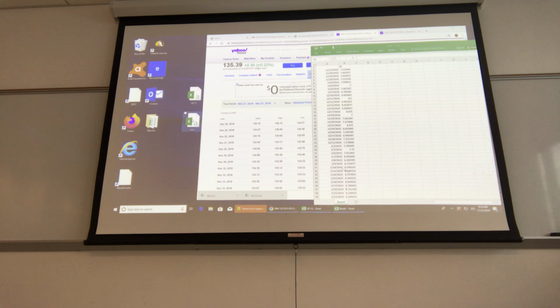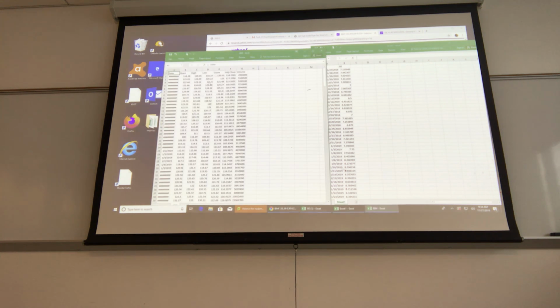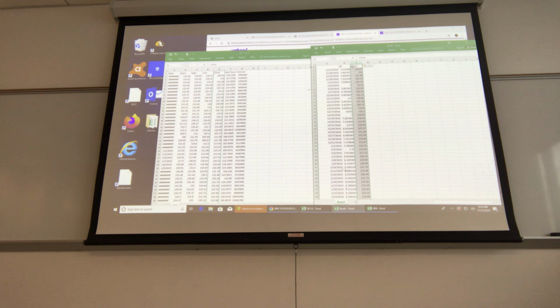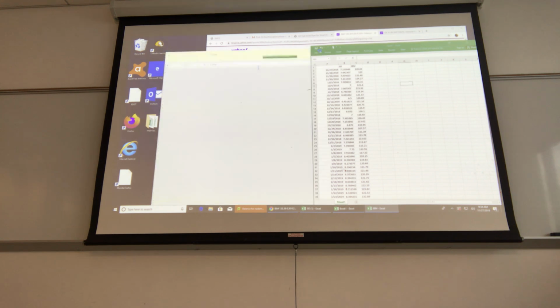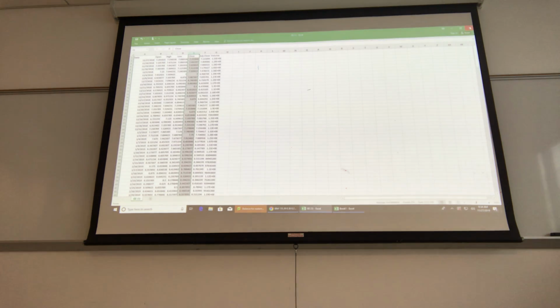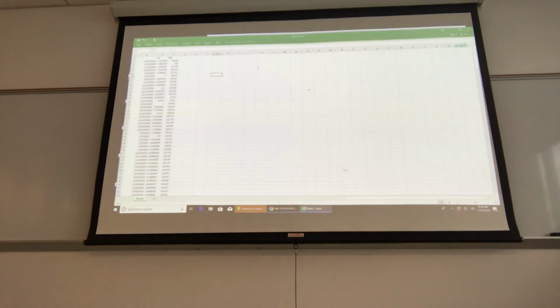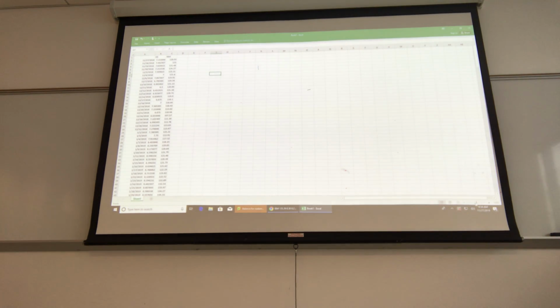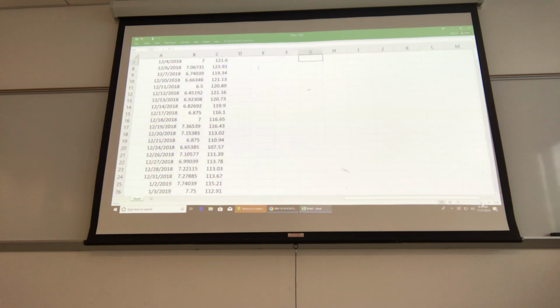Then I go and I get the IBM data. I copy it, I paste it. This is my IBM data. I don't need this file. I don't need this file. I need this file. I want to see clearly what is happening.